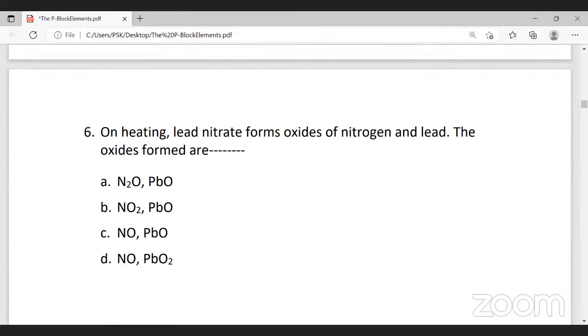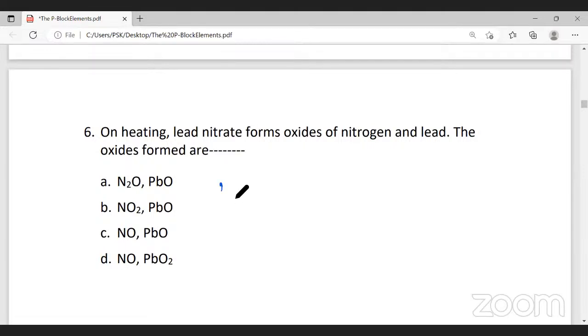The next question: on heating, lead nitrate forms oxides of nitrogen and lead. The oxides formed are: nitrous oxide and lead oxide, nitrogen dioxide and lead oxide, nitric oxide and lead oxide, or nitric oxide and lead dioxide.